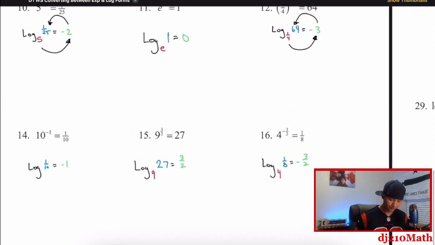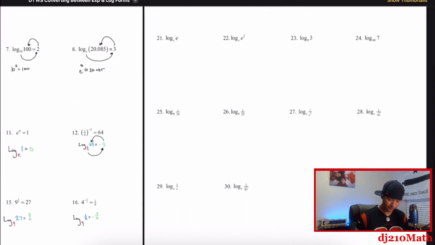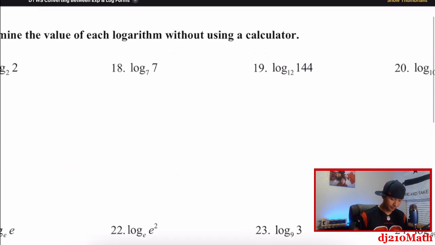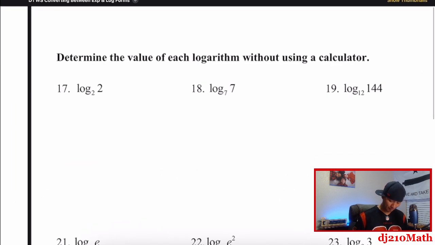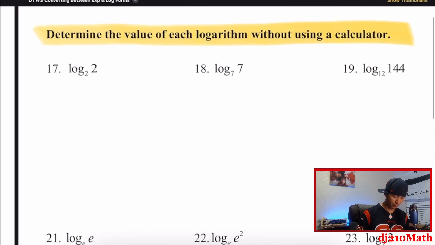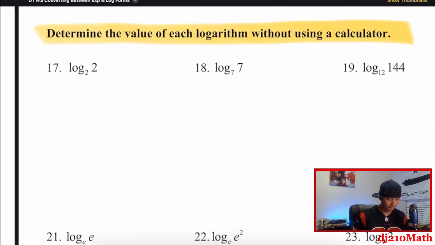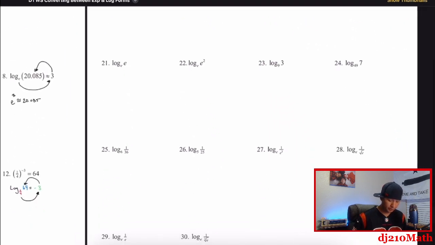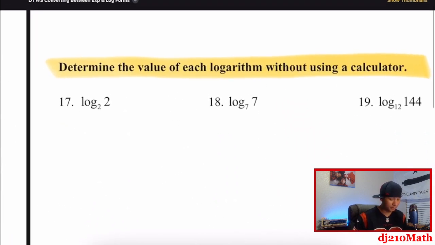Okay, determine the value of each logarithm without using a calculator. So no calculator needed. What you want to do is set this equal to something, right? In all of these, there's no equal sign. So you have to set it equal to something.